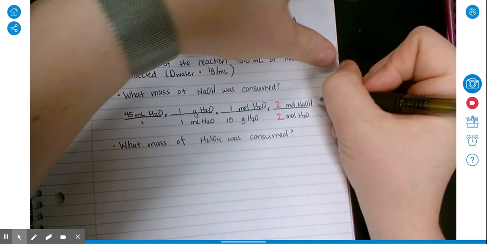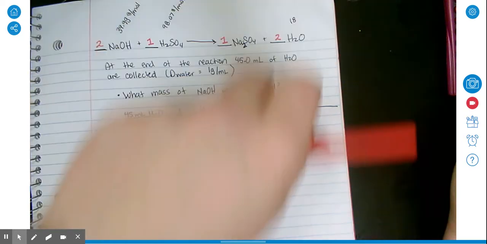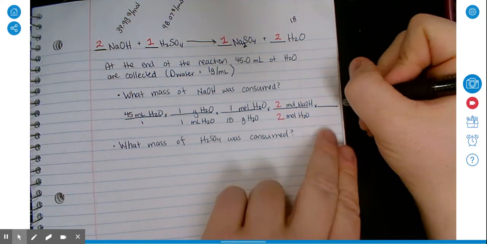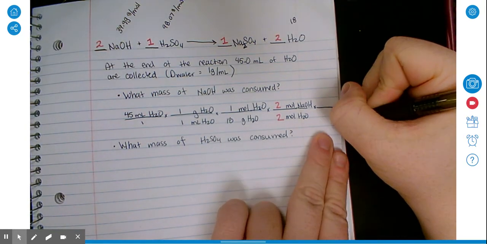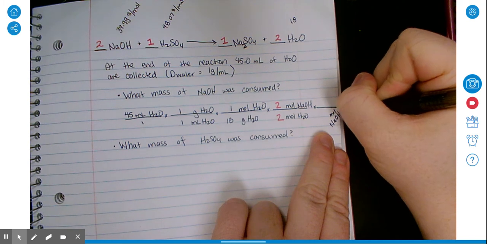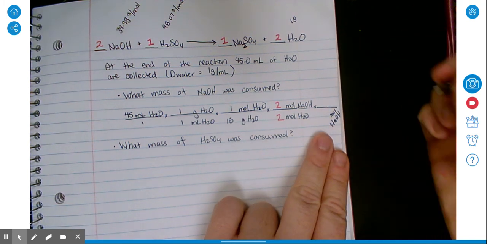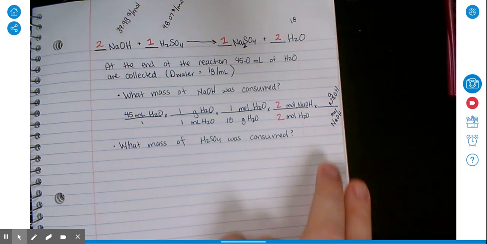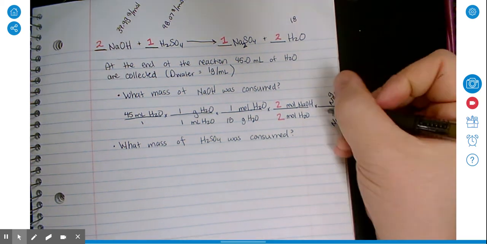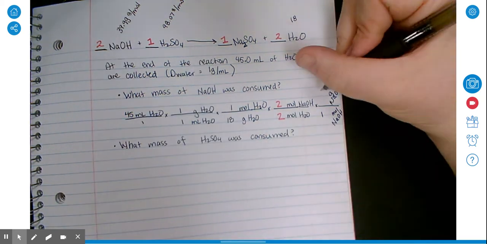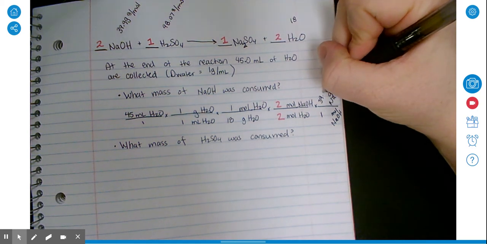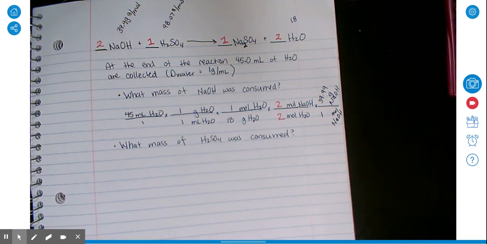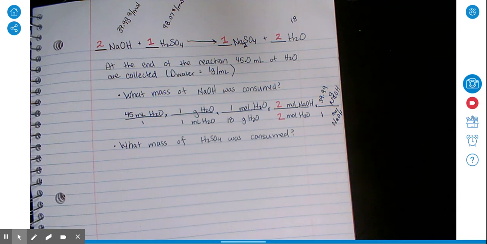And then from moles of NaOH, I can go to grams of NaOH. 1 mole of NaOH contains 39.99 grams of NaOH.